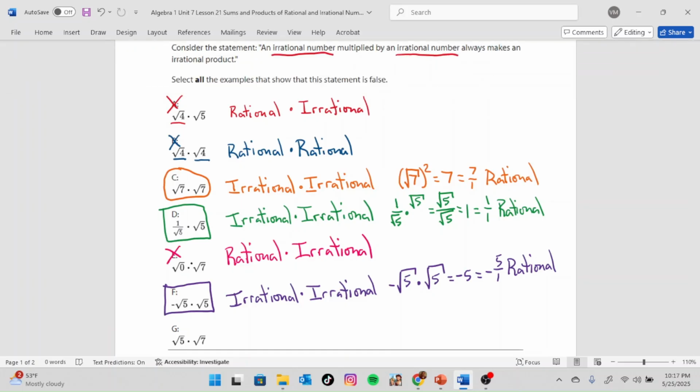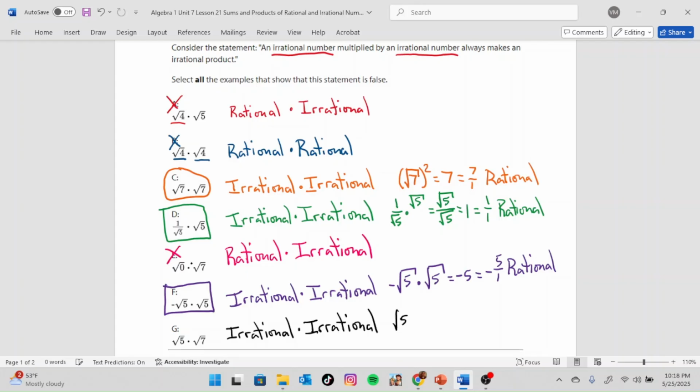And finally, option G, we have square root of 5, which is irrational. And we're multiplying that by the square root of 7, which is also irrational.